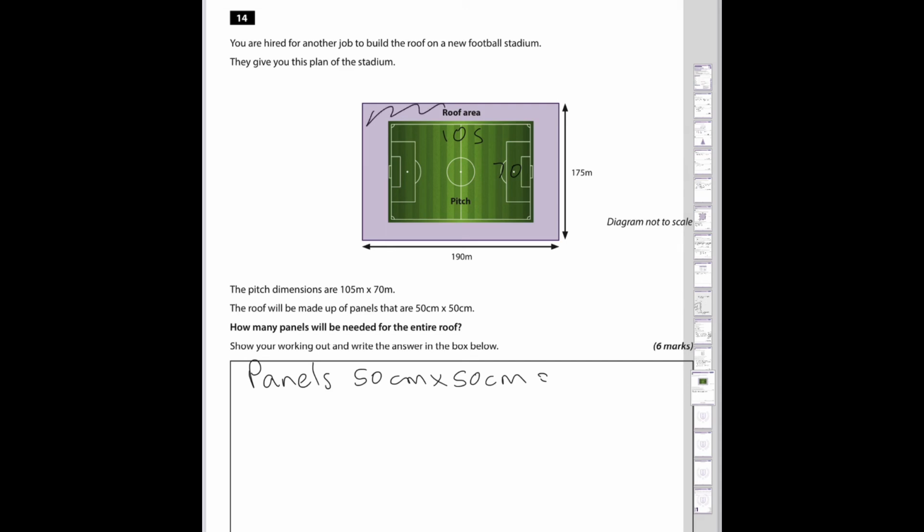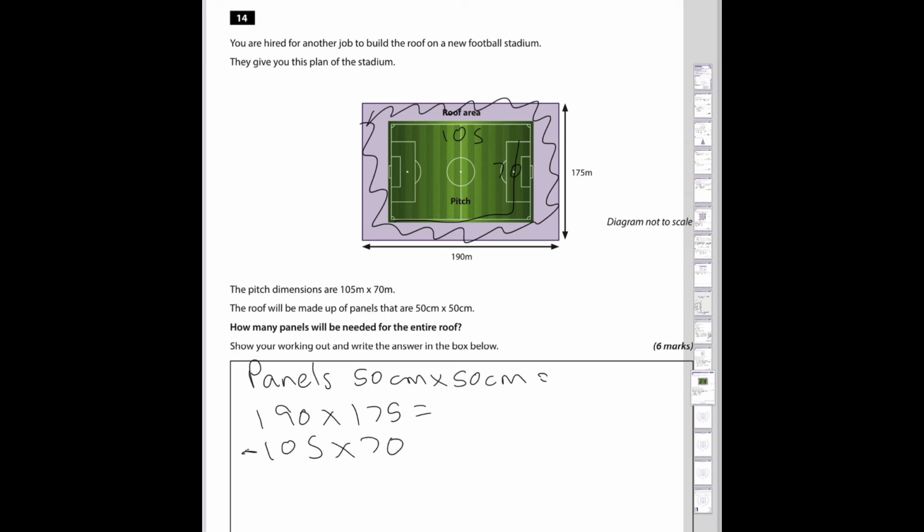So the roof area is just this section here. What we need to do is work out the outer measurement and take away the inner measurement. So we do 190 times 175, and then take away from that the 105 times 70.